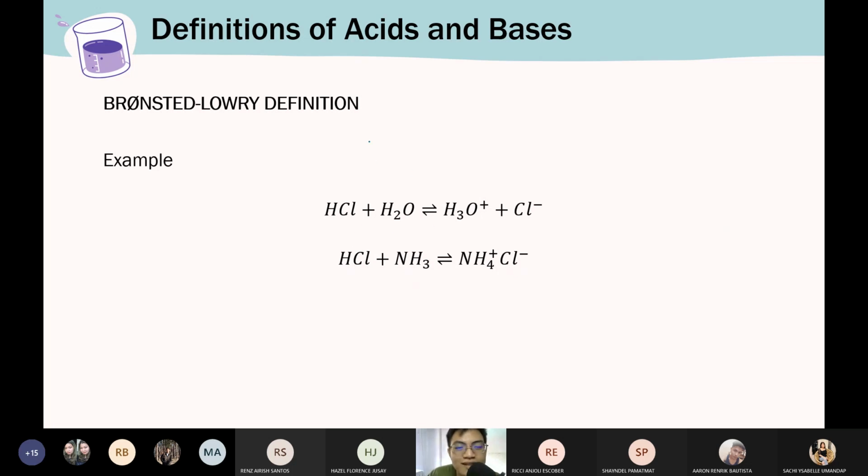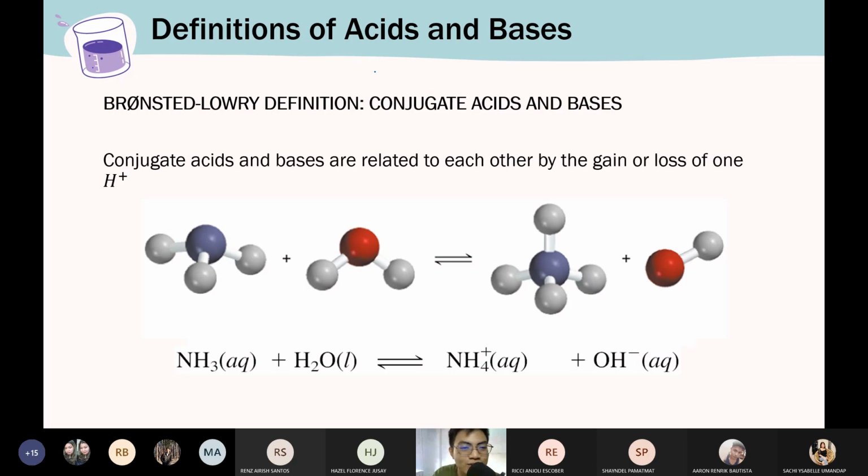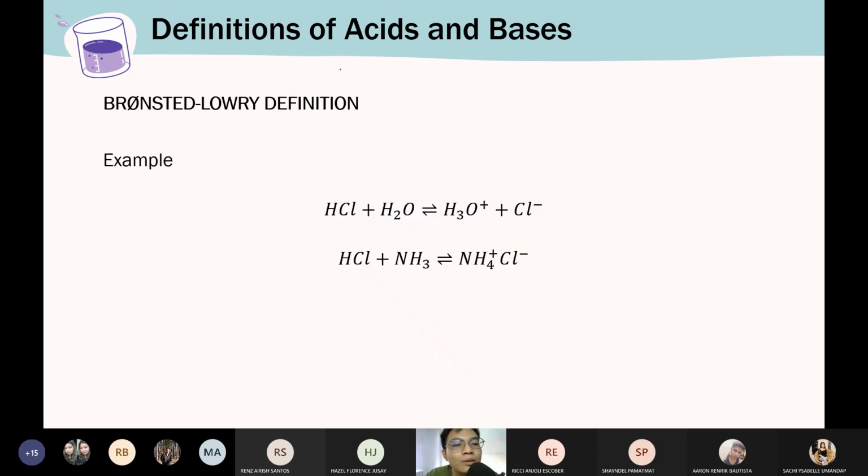Ang definition kasi ni Bronsted-Lowry is this: kapag ang iyong substance, siya yung nag-donate ng hydrogen, according to the Bronsted-Lowry definition, siya daw ay acid. So, that's Bronsted-Lowry acid.